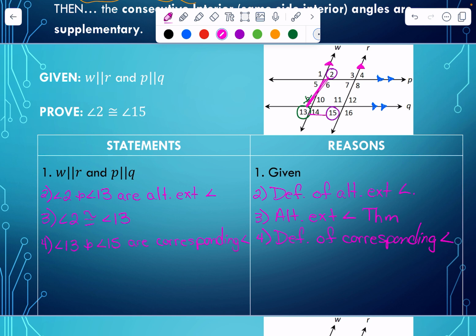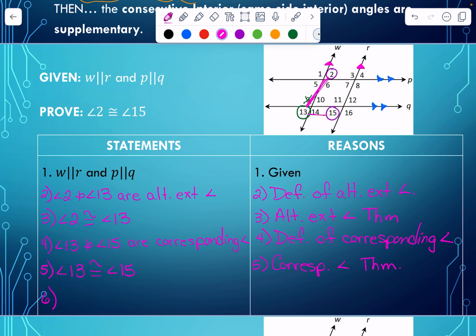Then step 5: now that they're corresponding, angle 13 is congruent to angle 15 by the corresponding angle theorem.